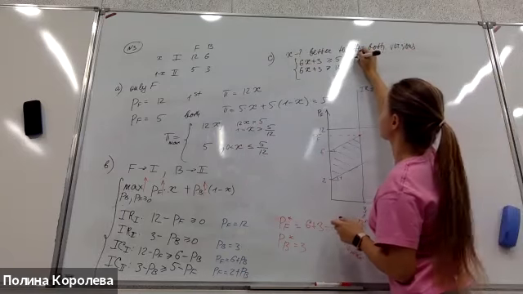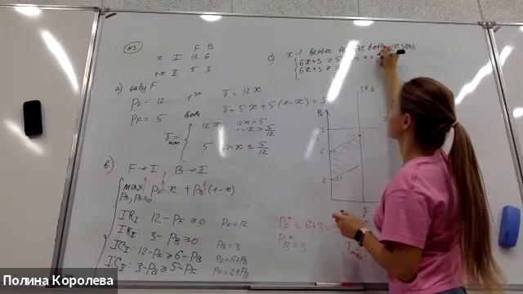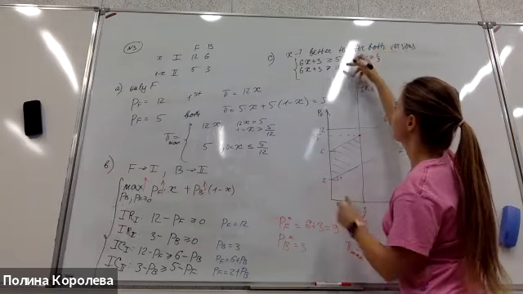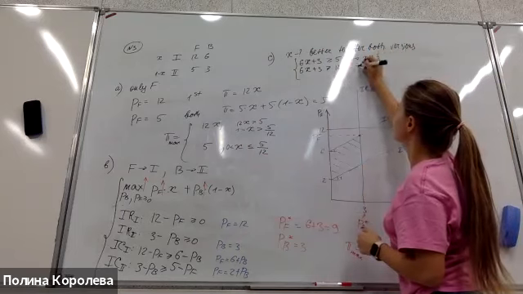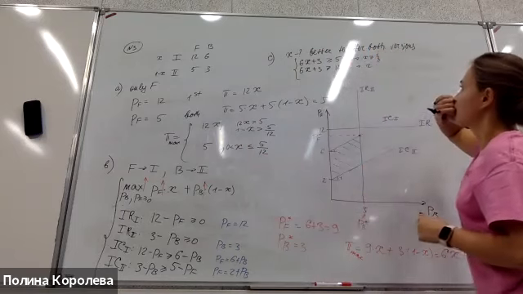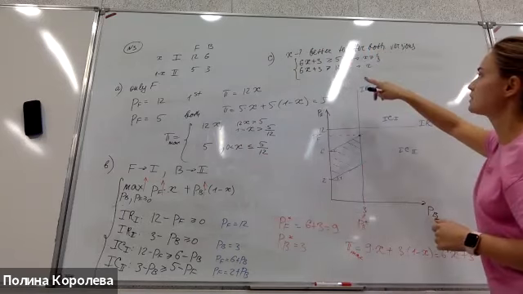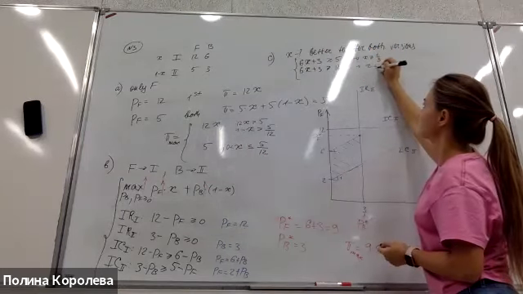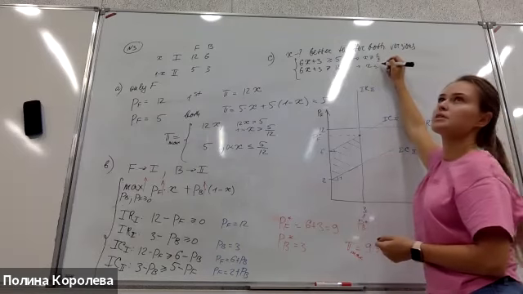Let's solve it. So here x will be bigger than 1/3. Here x is less than or equal to 3 over 6, which is 1/2.